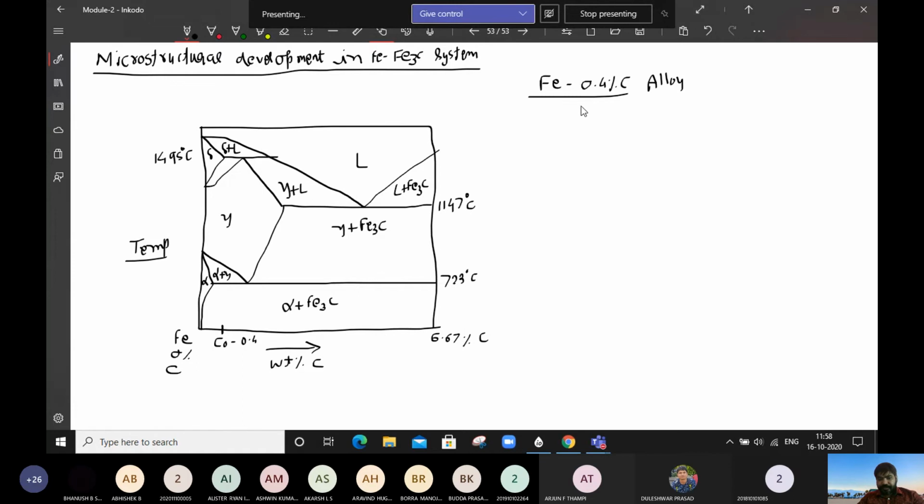The first thing: whenever you heat it above this point, everything will be gamma. No other thing will be there because this is a single phase region. So you can see here I have plotted only gamma.